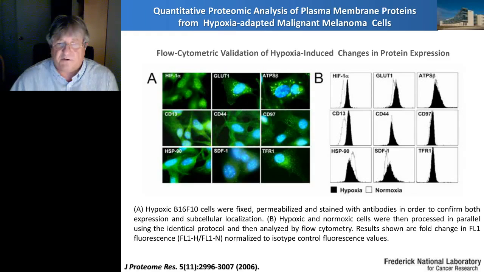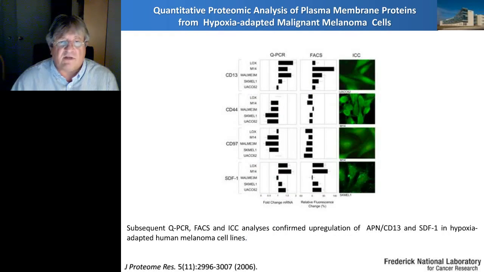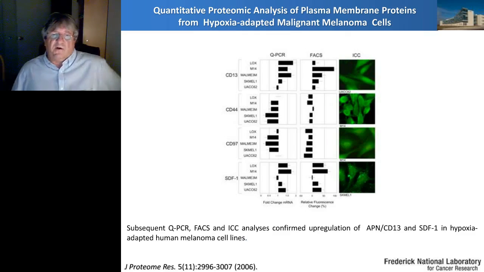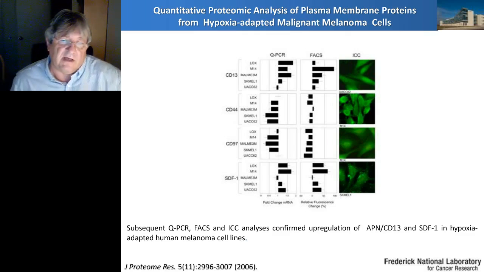And further, those are mouse cell lines. We wanted to see how many of those findings which we found in the mouse cell line applied in human melanoma cell lines, and we found that CD13 and SDF1 are the only ones found upregulated in the human melanoma cell line, and we also did qPCR and FACS analysis to prove upregulation or dysregulation of these proteins.